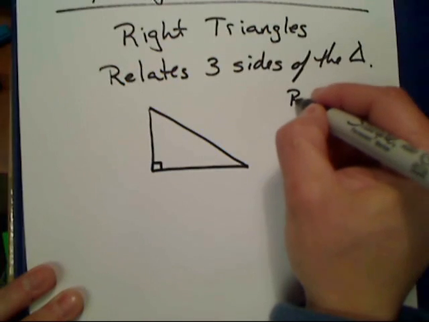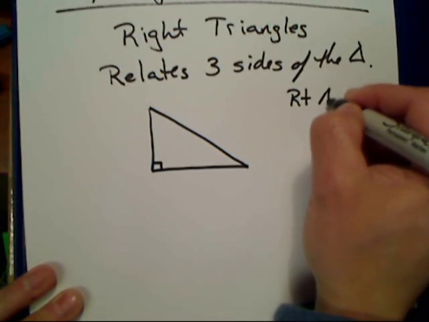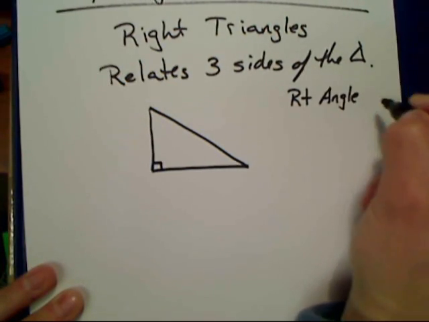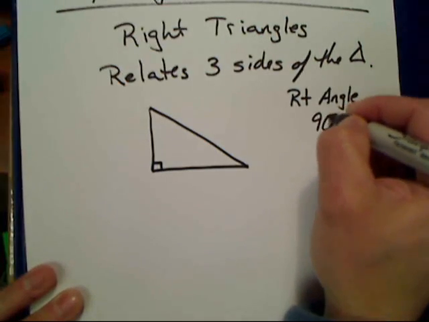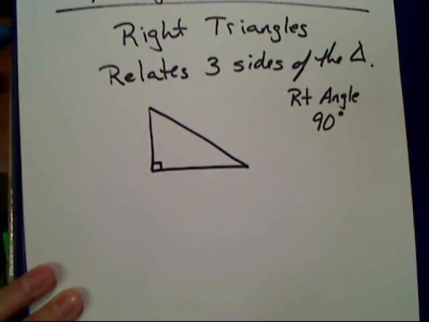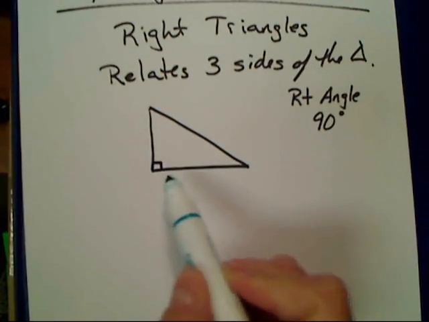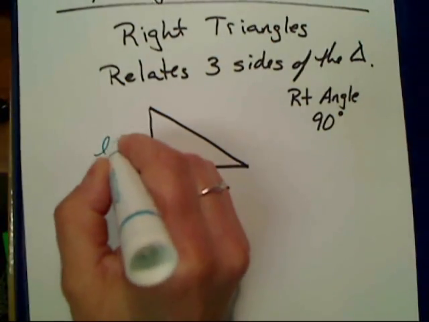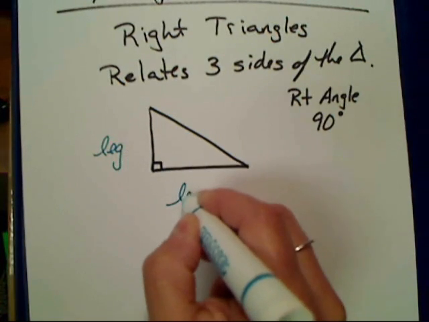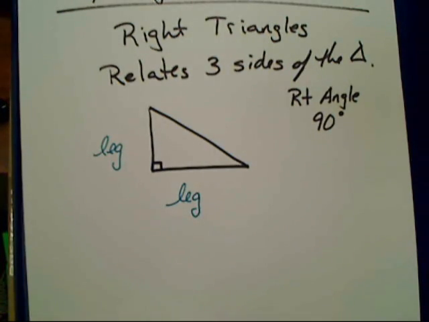A right angle is a 90-degree angle. So we have three sides of this triangle. Two of the sides, the two sides that form the right angle, are called legs. Once again, the legs are the sides that form the right angle.